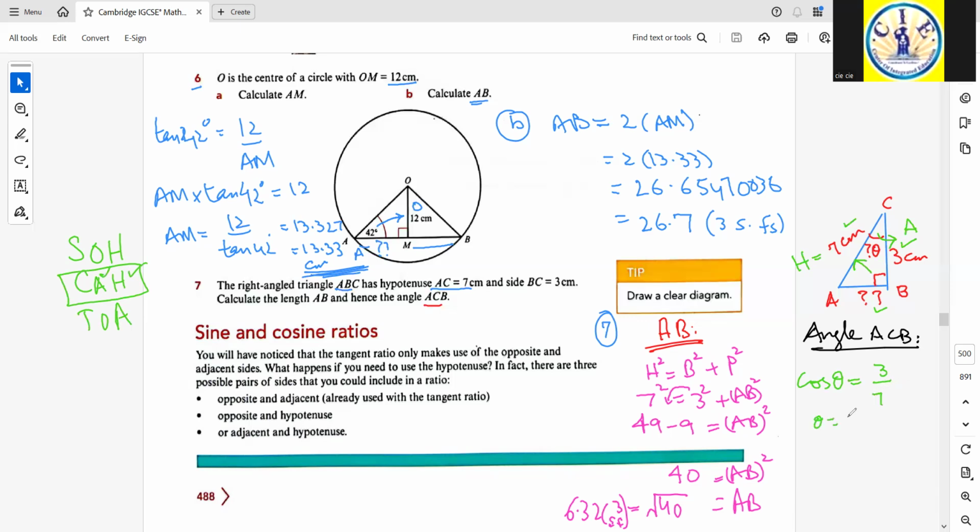So angle theta is going to be cos inverse of 3 by 7, which from the calculator is calculated by pressing shift, then cosine, then the fraction key, or directly 3 divided by 7. This will give us 64.623.